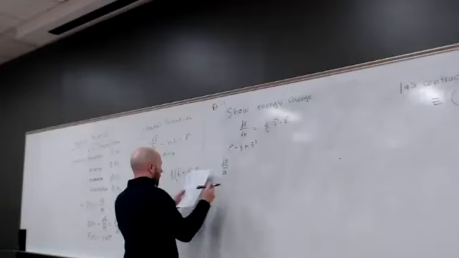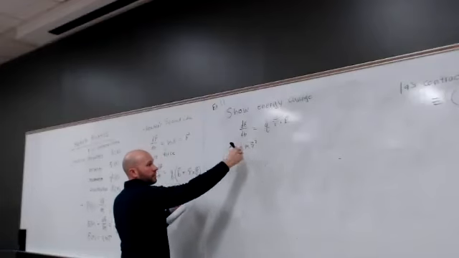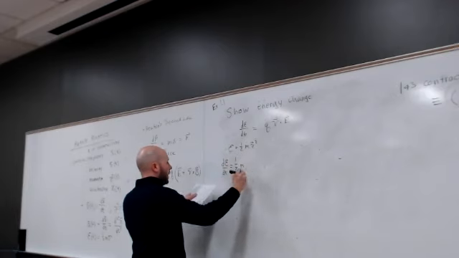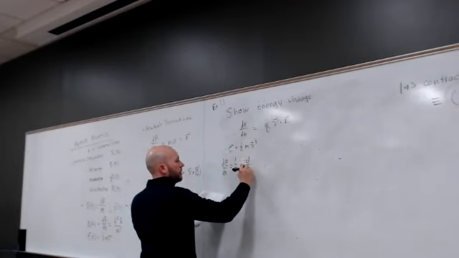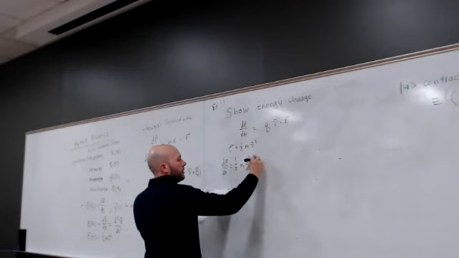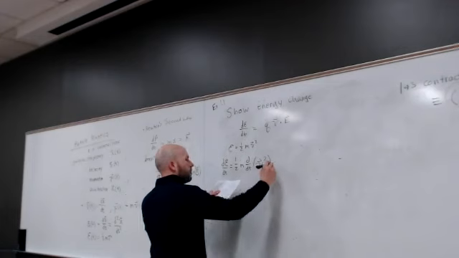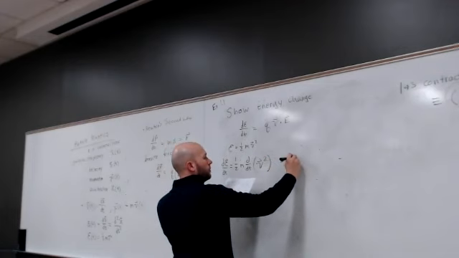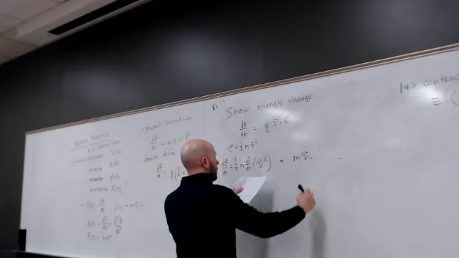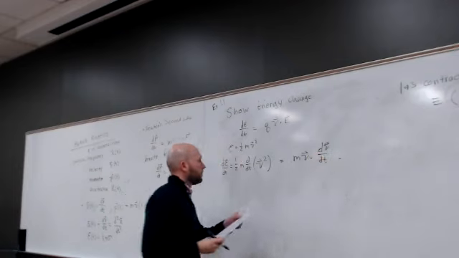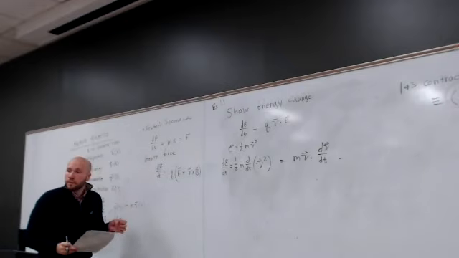dE/dt, we're just going to take the derivative of this thing, equal to 1/2 m times the derivative in time of v squared, which is equal to mv dot dv/dt.